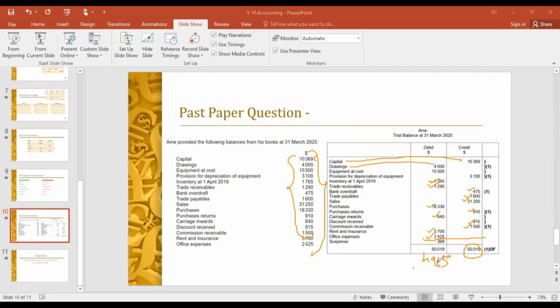Okay. So if you see, your debit side and credit side are not equal, but the rule says that debit and credit must be equal. That is what double entry accounting is. So what we need to do is take the difference, open a temporary account called suspense, put the difference of 369 in the suspense account, and get the totals equal.